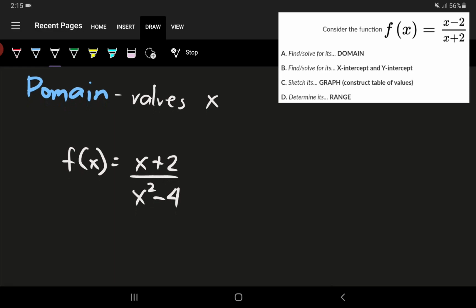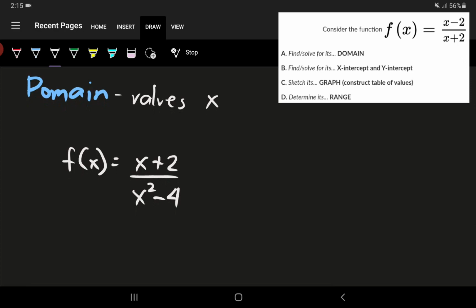Again, dear students, a reminder: for the domain, we only want the possible values of x. So if we have this rational function, we need to look for restrictions. Not all values are included, because there are values that will make our given function undefined.